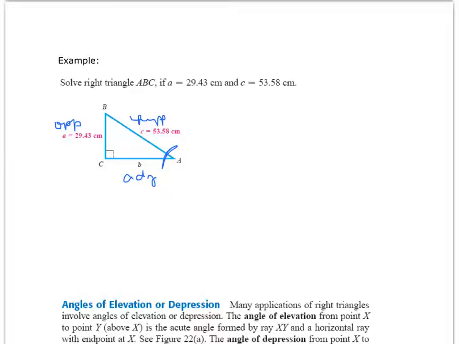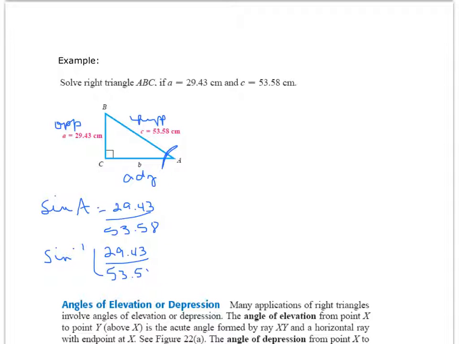So if we say sine of A equals opposite 29.43 over 53.58, we're actually looking for sine inverse of 29.43 over 53.58.